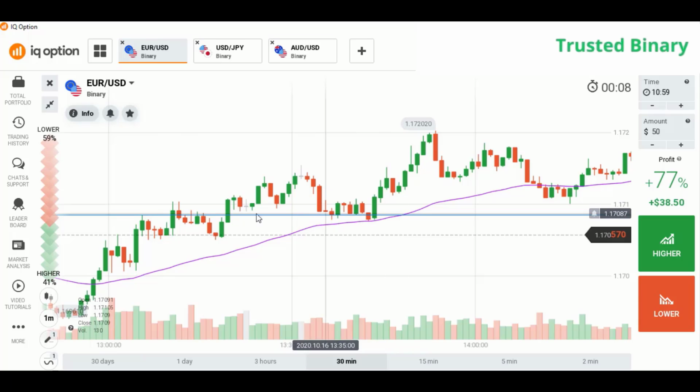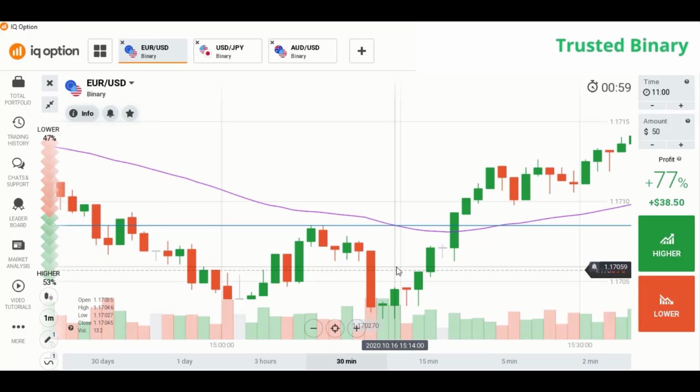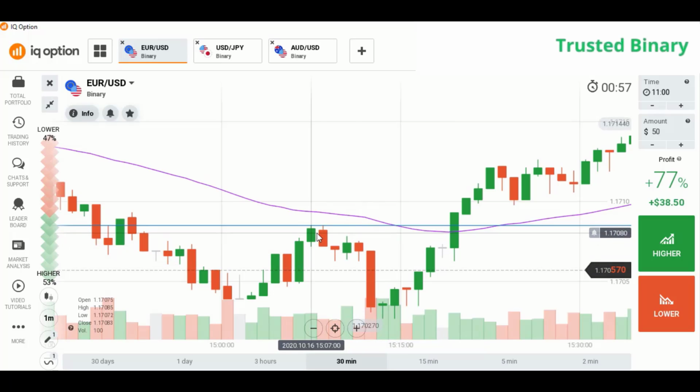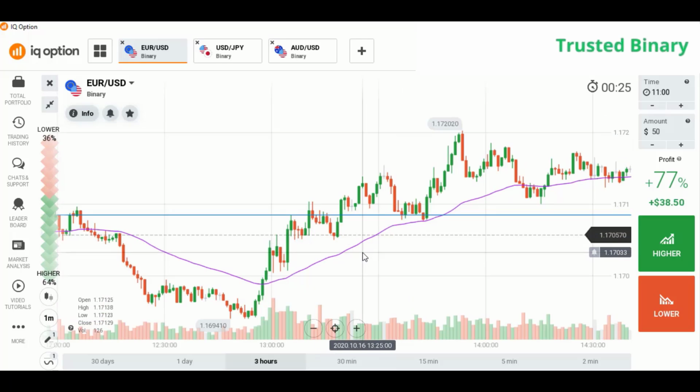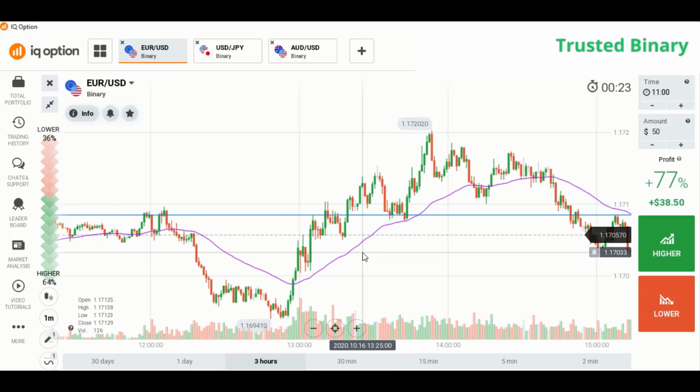So the rejection comes from this strong SNR level, and the next candlestick goes down. It's a very profitable concept of binary option.